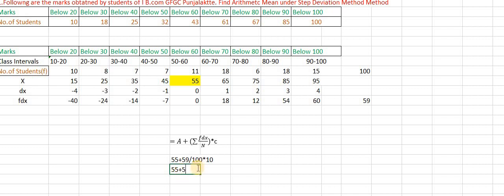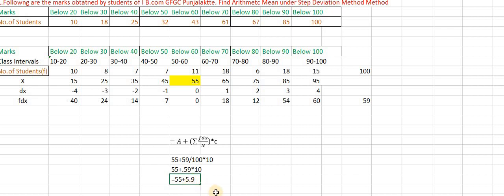So it is 0.59 into 10. Again, I'll simplify this one. 55 plus 0.59 into 10 is 5.9.